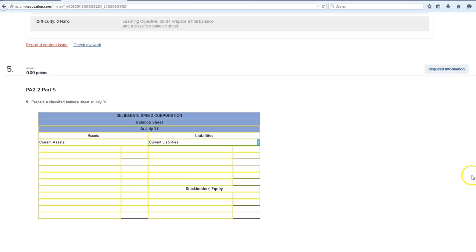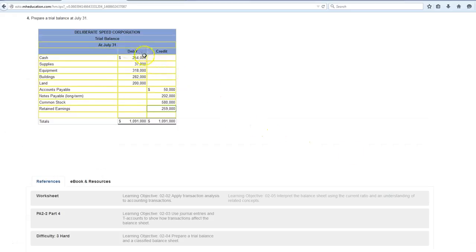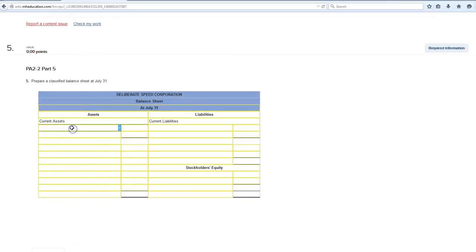So let's take a look at our assets and see which ones are current. We would count current assets as cash, assets which would be turned into cash, like receivables, or used up within a year. So we only have 2 current assets here, cash and supplies. Oh dear, I ended up with the wrong account there.